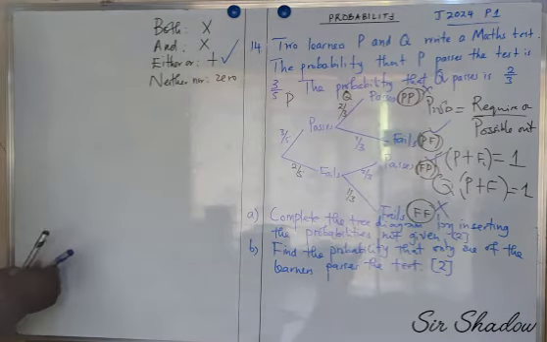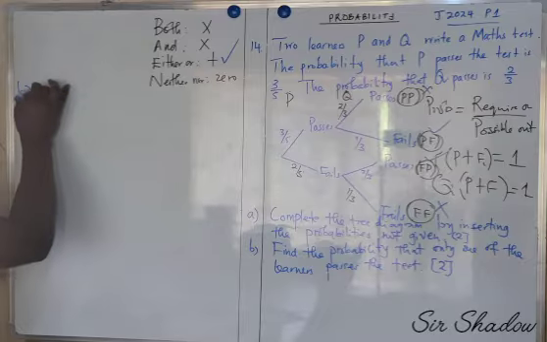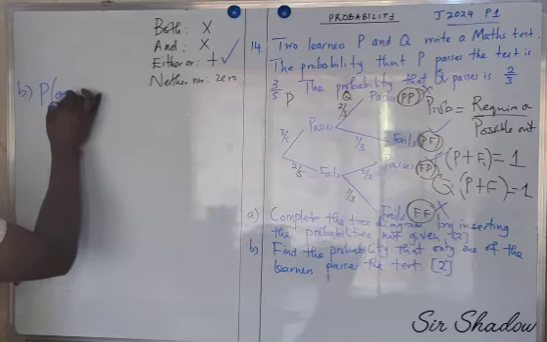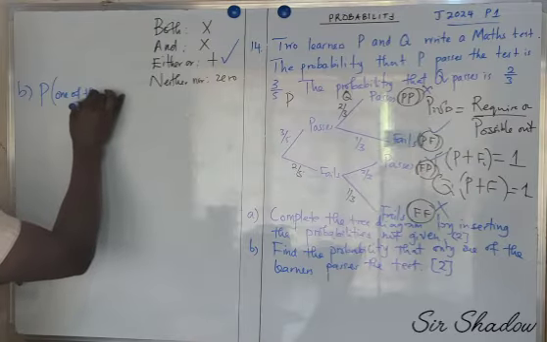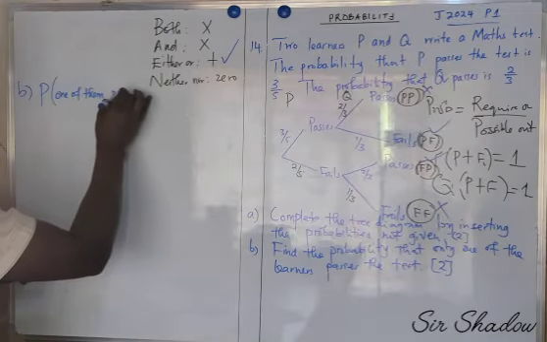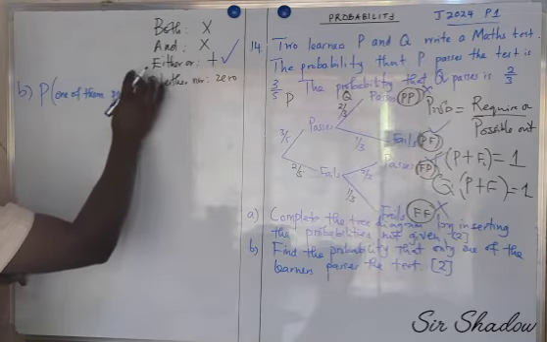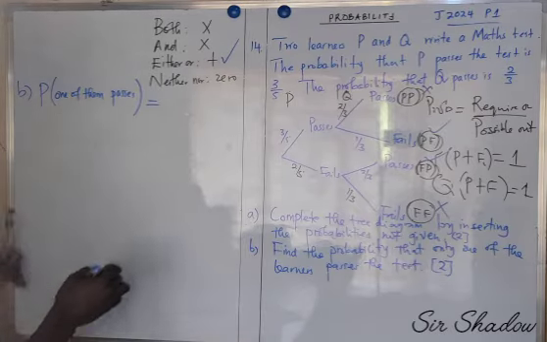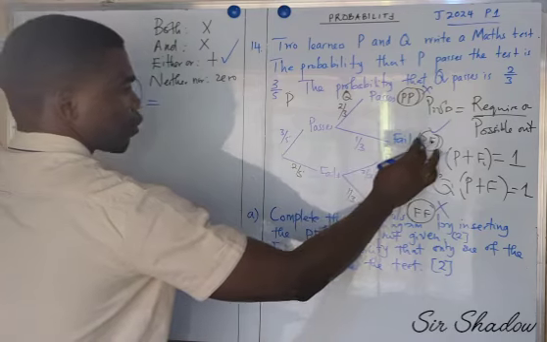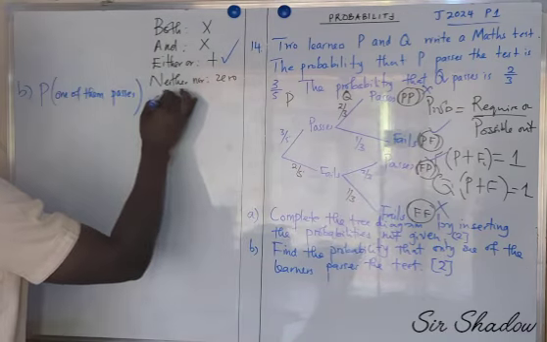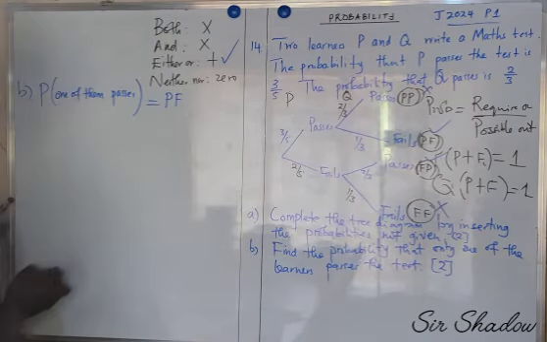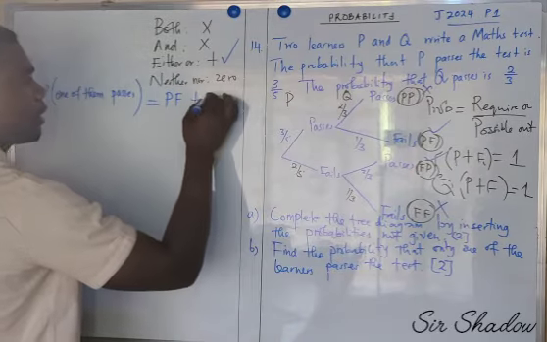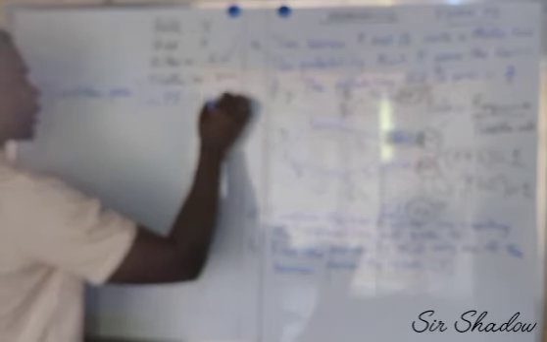So for part B, the probability that one of them passes the test is equal to the probability of passing times failing, plus the probability of failing times passing.